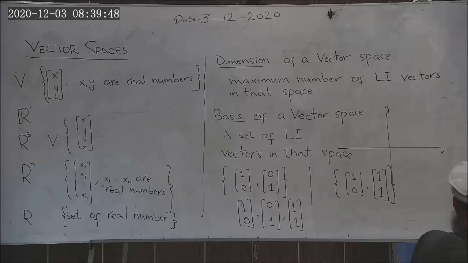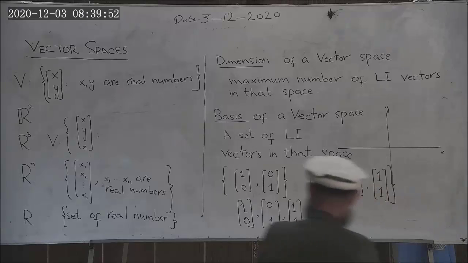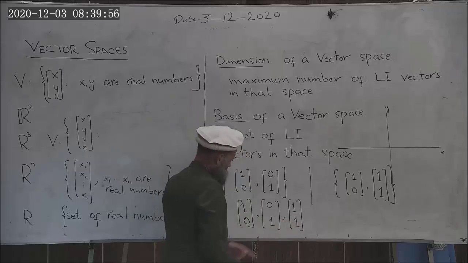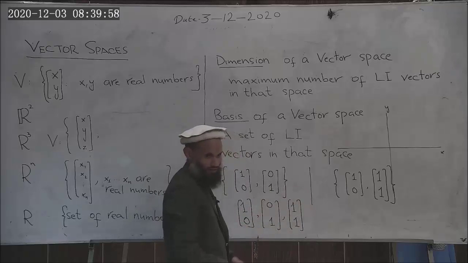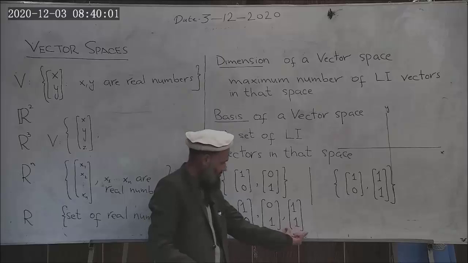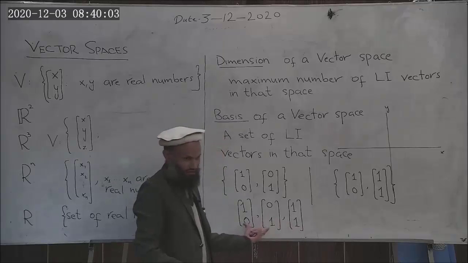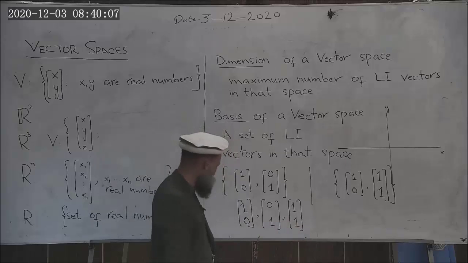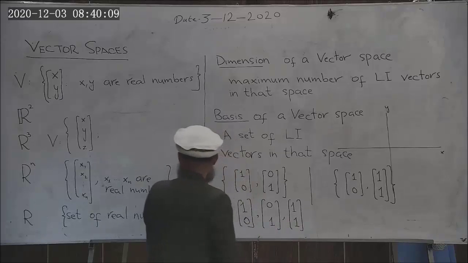Therefore, the dimension of this vector space is 2. This is not a basis because this third vector is linearly dependent upon the first 2. We can get this vector by a linear combination of these 2 vectors.